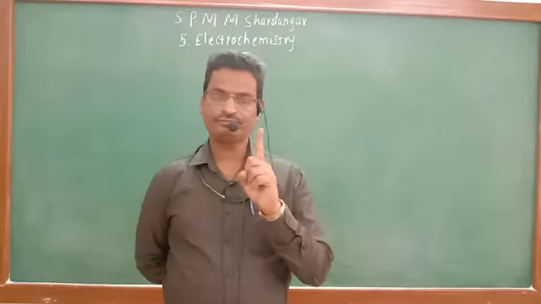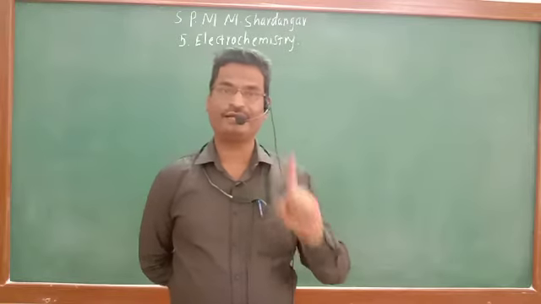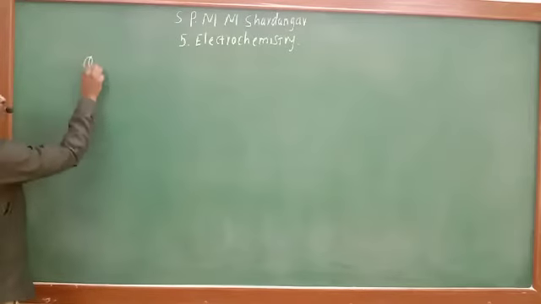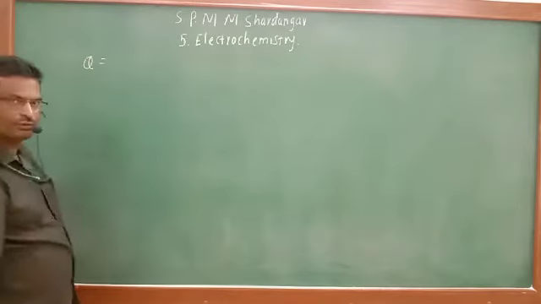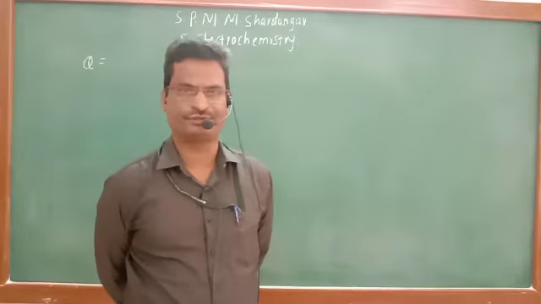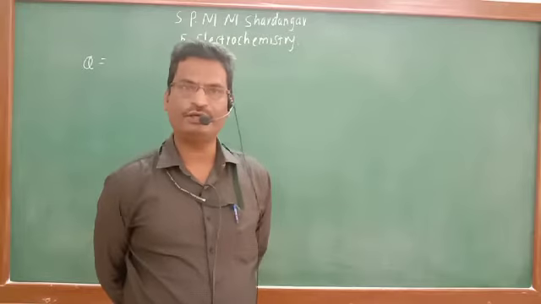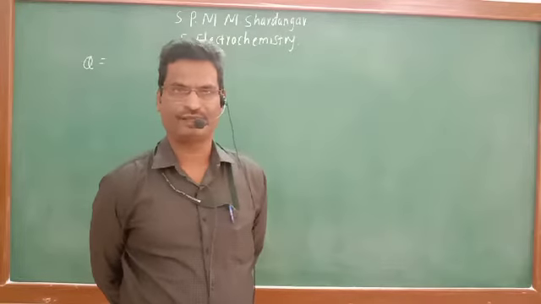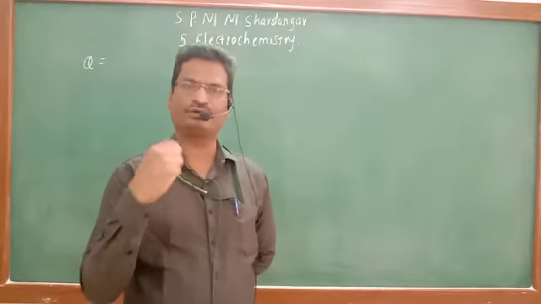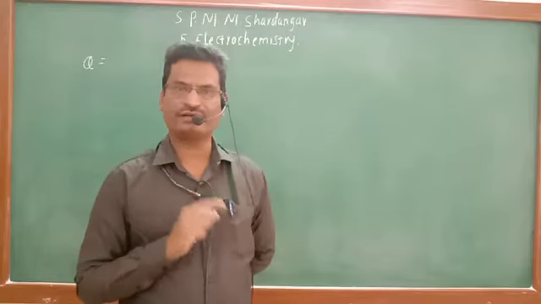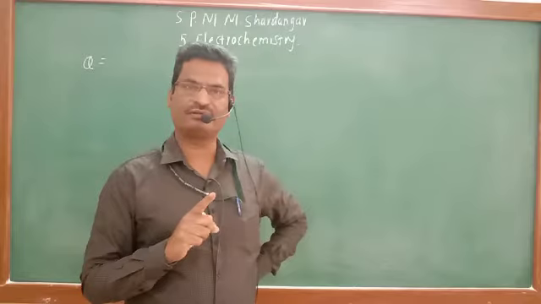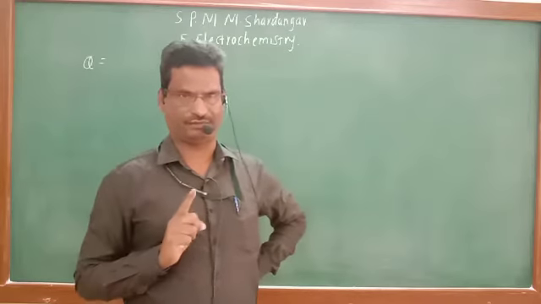First of all, we have seen the quantity of electricity, Q, with the unit Coulomb. What is Coulomb? It is the unit of charge, a small unit of charge. 1 Coulomb of electricity is passed through a certain point whenever 1 ampere current strength is passed for 1 second.